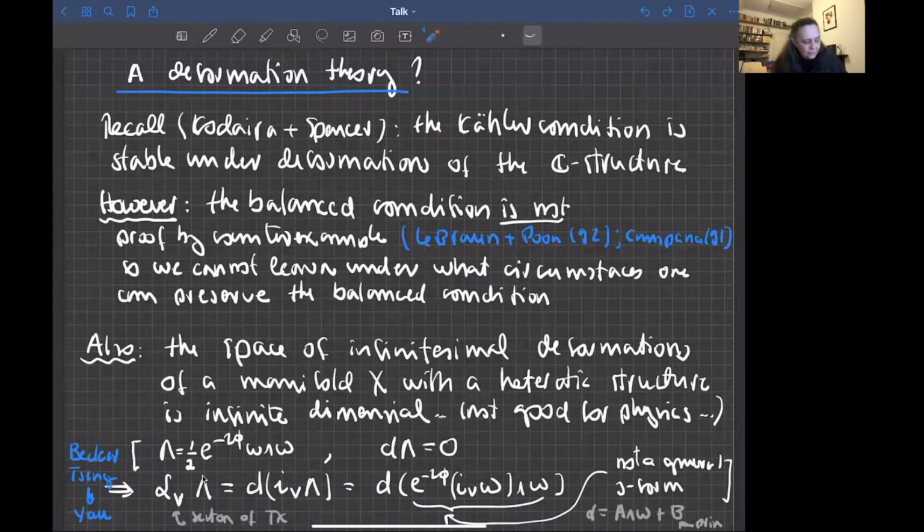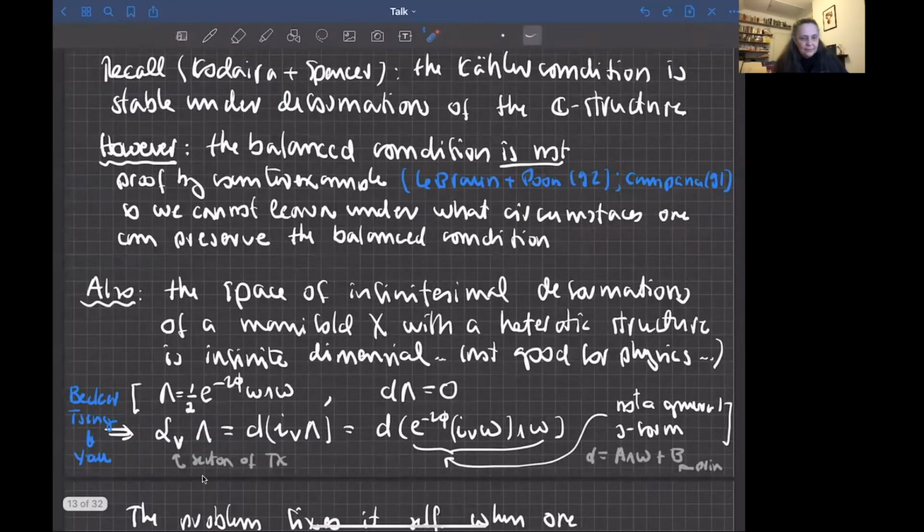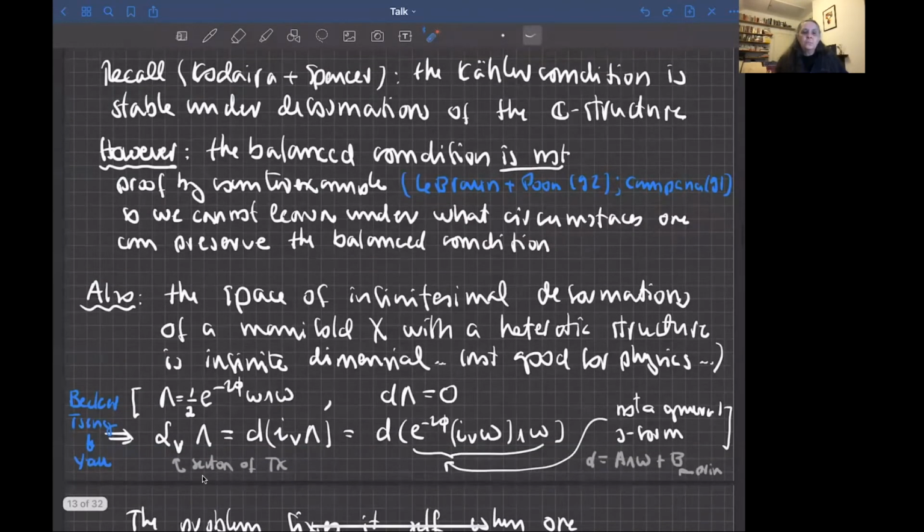More has been written on this, but I don't want to dwell on this today. I just want to say the following. Suppose that we're taking one of these conformally balanced manifolds and we want to study its infinitesimal deformations, right? What you find immediately is that this is not necessarily finite dimensional, right? And this is not good for physics. So this is in a paper by Becker, Zheng, and Yau, which said the following, right?